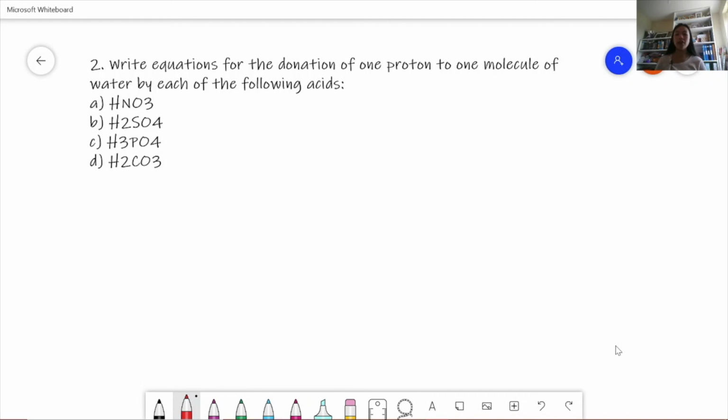So, write equations for the donation of 1 proton to 1 molecule of water by each of the following acids. So for A, we have nitric acid, and we're reacting it with water. And this should form, in an equilibrium, NO3 minus and H3O plus, the hydroxonium ion.